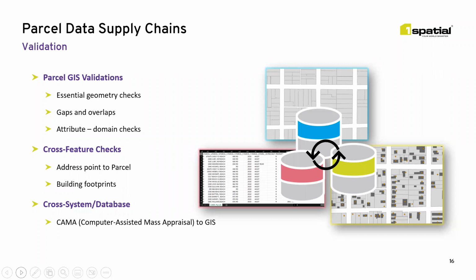Now, luckily, as Sheila mentioned, our multitasker, which is One Data Gateway, is data agnostic. So the parcel data supply chain that our customers would like to use for their SDI is to include those cross-system validations between the two sources and ensure that the records are complete, first and foremost.